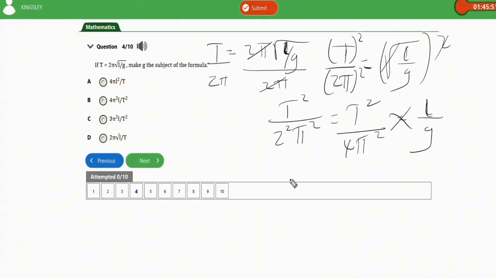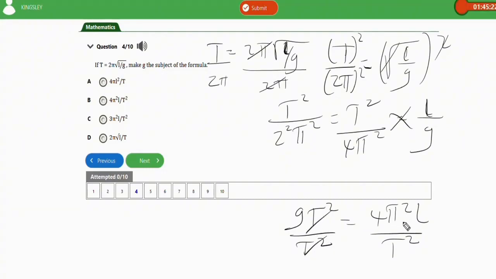When you cross multiply, you're going to have g t square equals 4 pi square L. Since we want to make g the subject of the formula, divide both sides by t square. This will cancel this, so g will be 4 pi square L over t square. So the correct option is option B, 4 pi square L over t square.